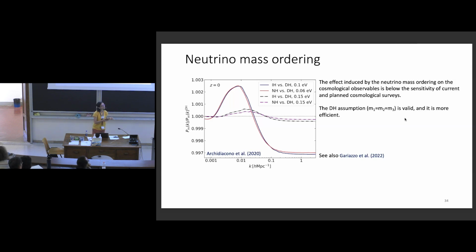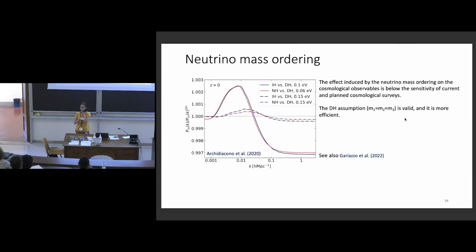In principle, there are some ideas of detecting the neutrino mass ordering with cosmological data from 21 centimeter line intensity mapping.